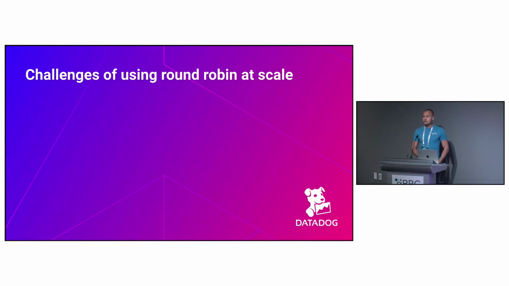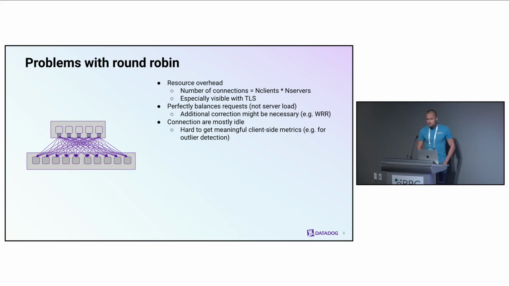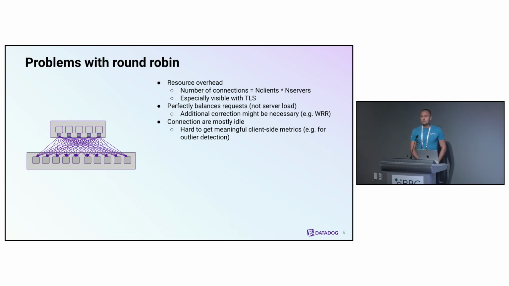Round robin is not a silver bullet though, because it has its own challenges. The major problem with round robin is the number of connections it creates. Those connections are mostly cheap, but not exactly free, and you can see this overhead especially with TLS. Another issue is that it perfectly balances requests, but not server-side load, which is the metric most of the people care about.